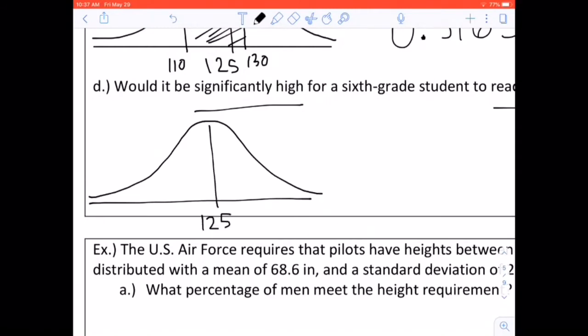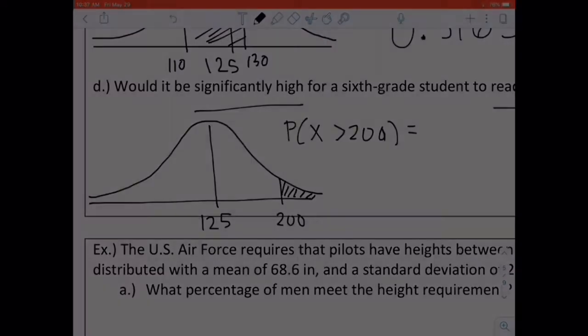More than 200 words per minute, so 200 would be far to the right of that mean, and more than means shading to the right. We're going to see if the probability that a student reads more than 200 words per minute is significantly high. In order to do this, we're going to calculate that probability.